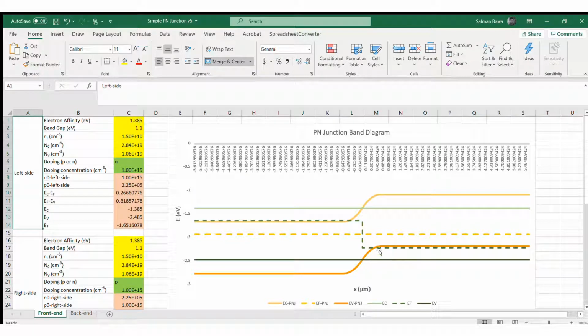And then we are going to go through a series of calculations that are in the back-end sheet that help us form this shape.